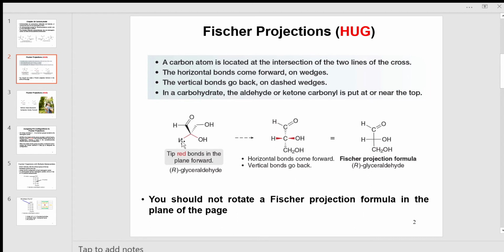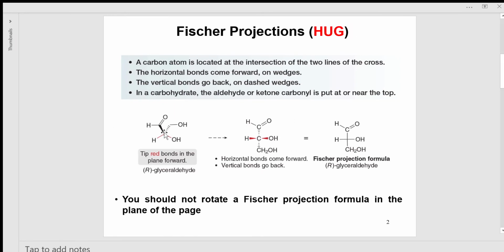So if we flip the molecule, let's see how we flip this molecule. At this moment, you see two red bonds on my computer display. This aldehyde is towards me, this CH2OH is basically on the back side of my display screen.